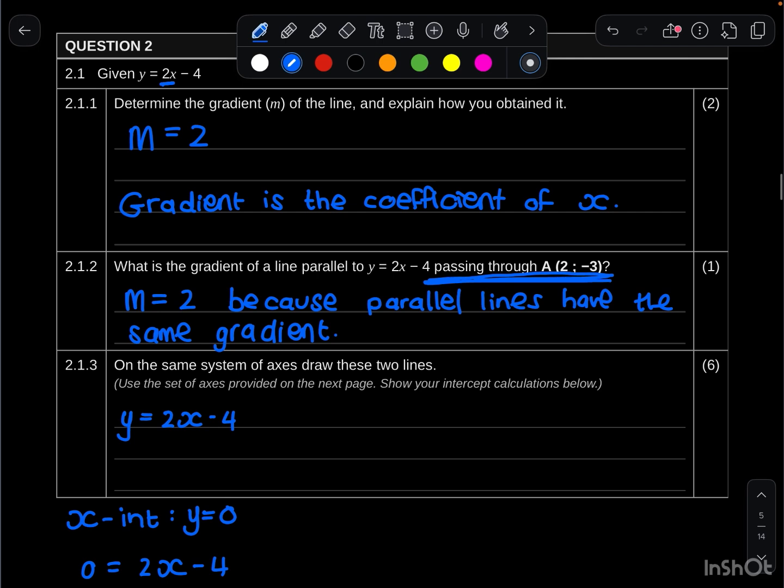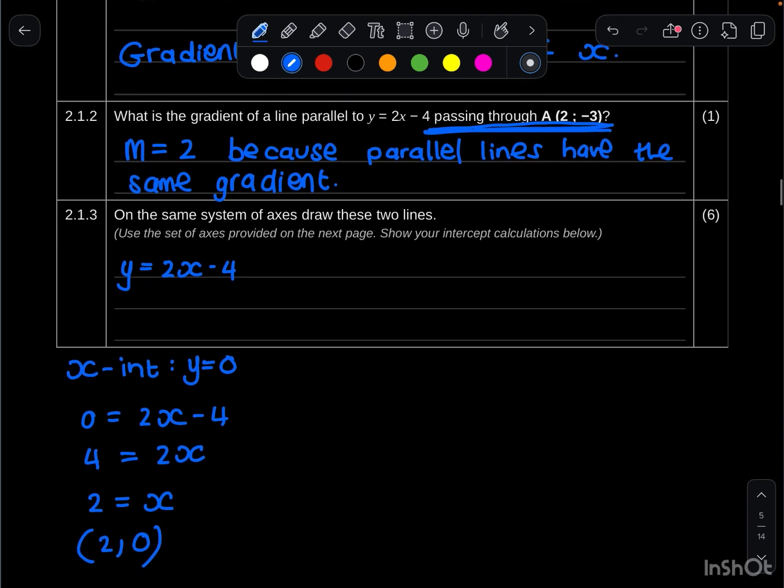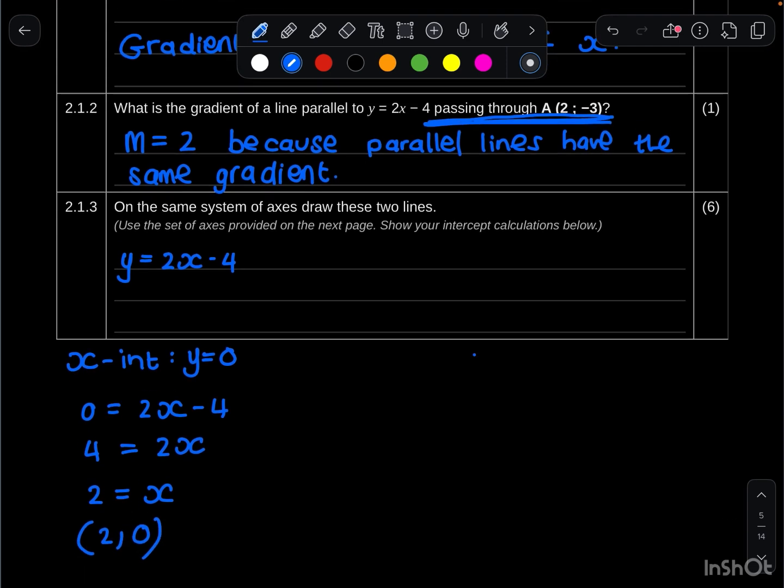The other line, so what is the gradient of this line passing through that? Okay, so we need to work out what this line is first. So y is equal to 2x plus c. We don't know what the c is. Let's do it in different colors, sorry. And we are given this point.